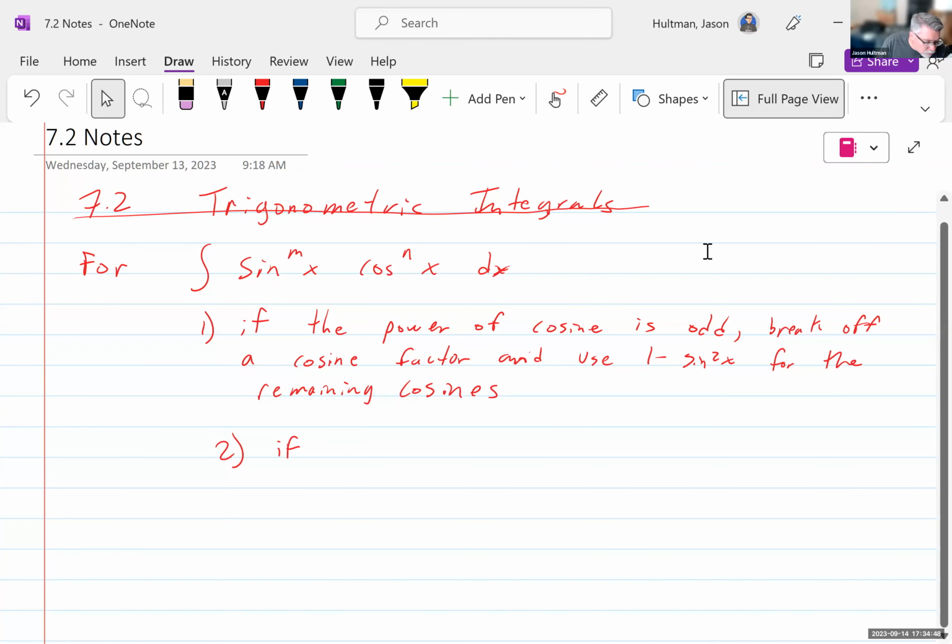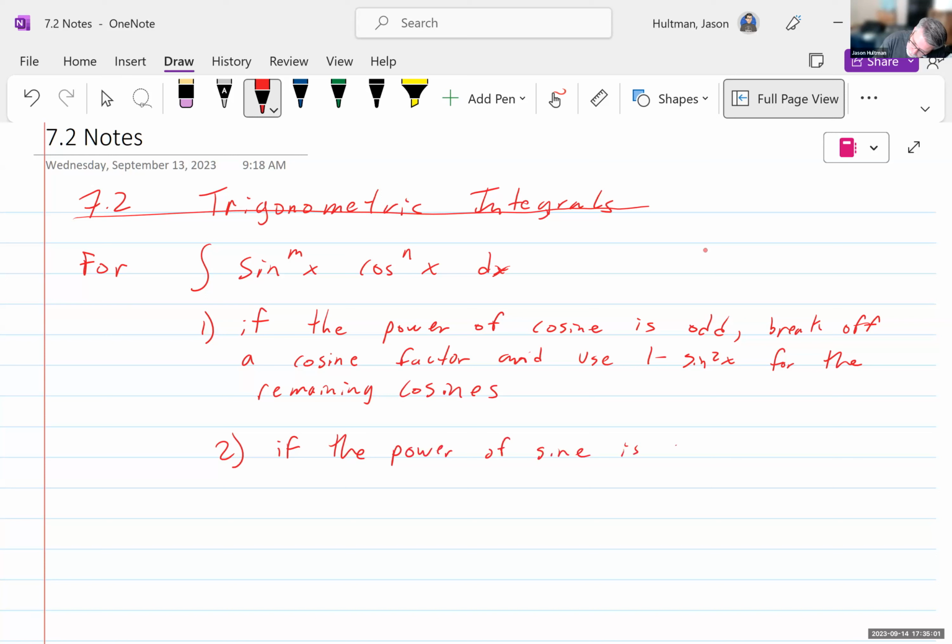Okay, number 2. If the power of sine is odd, break off a sine factor, which would reduce the sine to an even power, and then use 1 minus cosine squared x for the remaining sines.